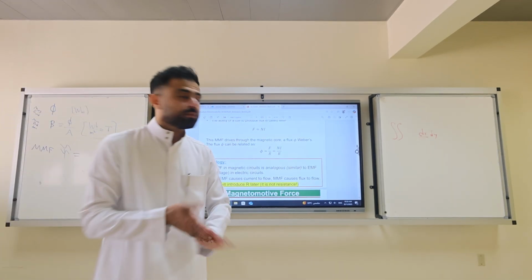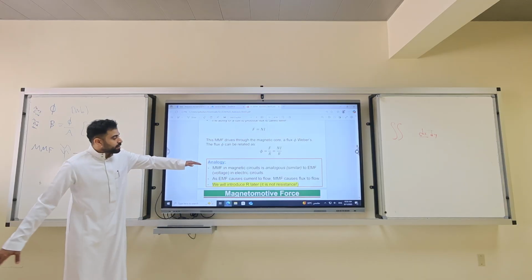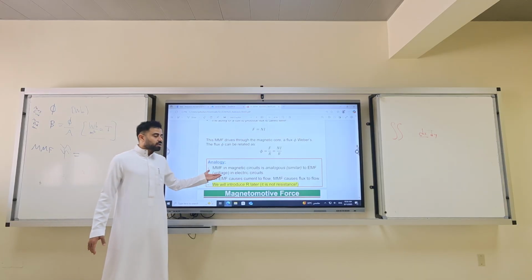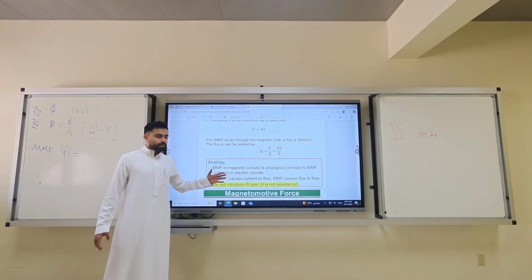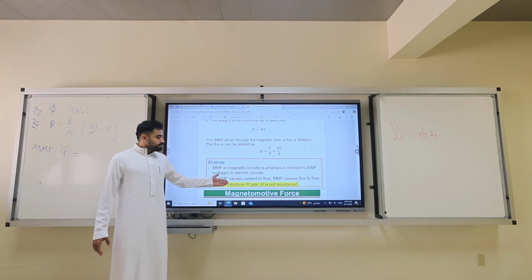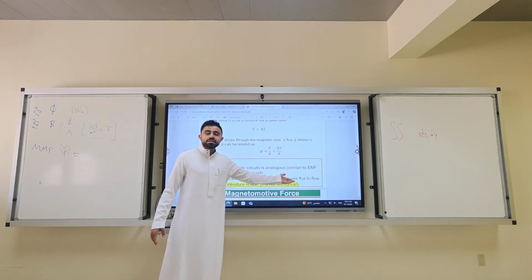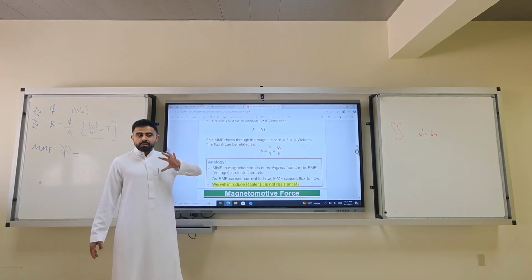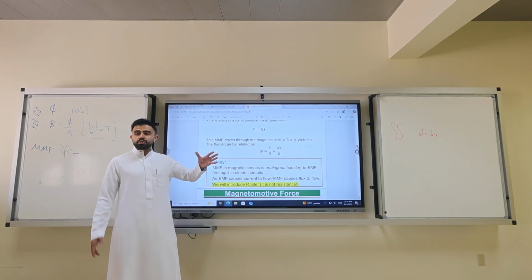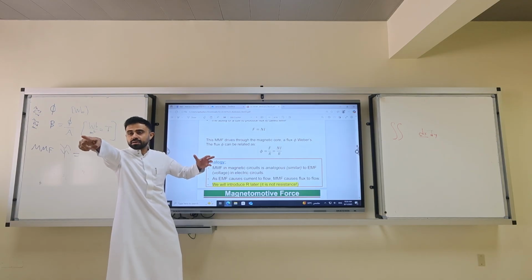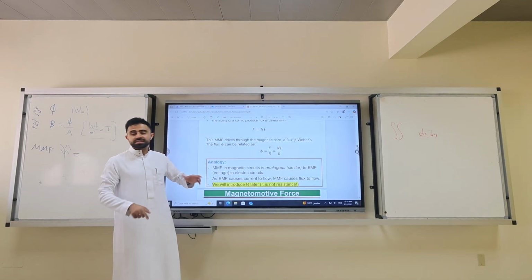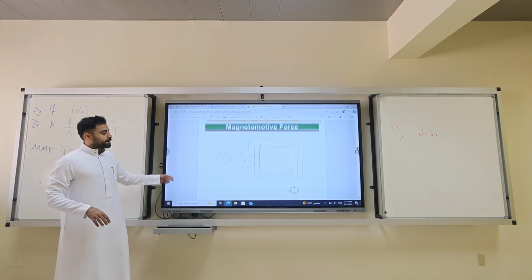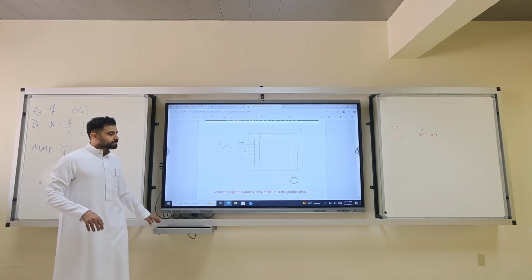Okay? So MMF in a magnetic circuit is similar to voltage. MMF causes the flux to flow. So the flux is like current and the MMF is like voltage. And the reluctance is like, it's not the same. It's not the same. This is our thing, okay?